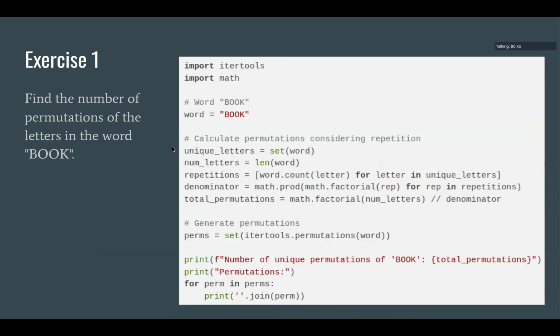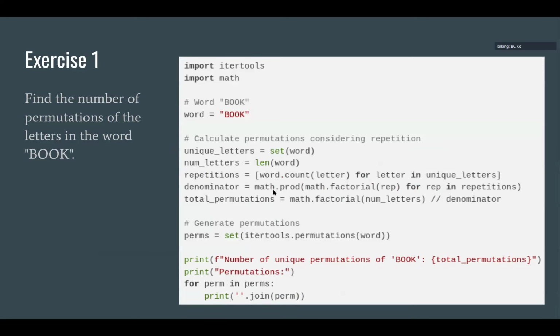So you want to calculate the number of unique permutations by converting the word to a set to get the unique letters, and then count the number of repetitions for each unique letter and store these counts in a list.